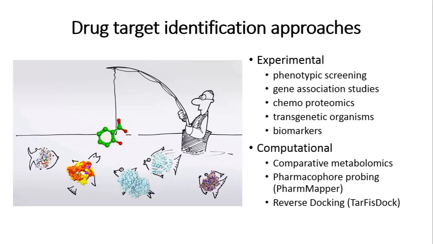One is the experimental approach. Another is the theoretical or computational approach, which is now becoming very popular for identifying newer drug targets. I would first let you know how experimental methods are used for identifying the drug target.